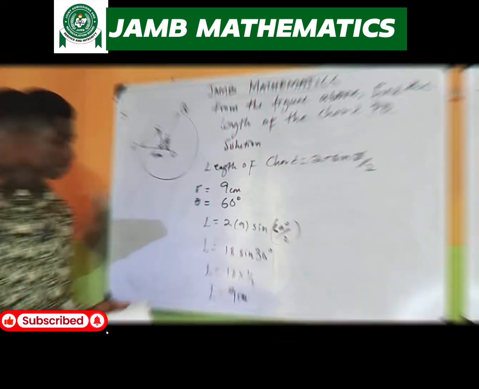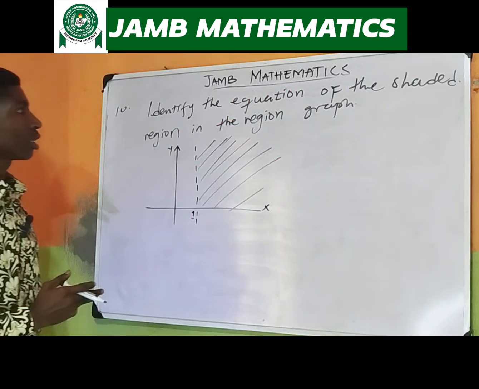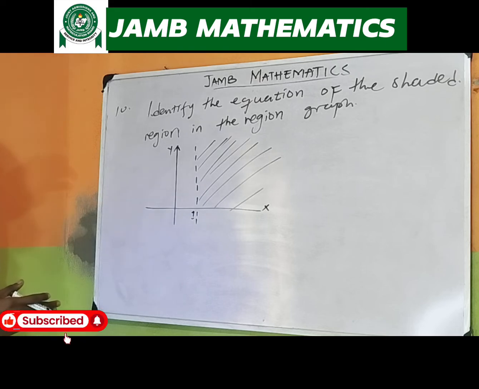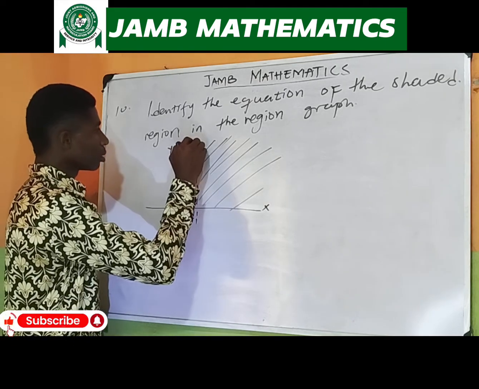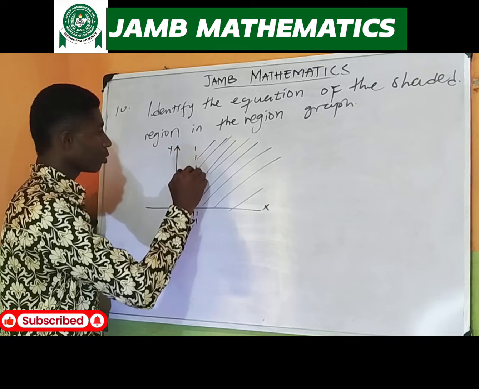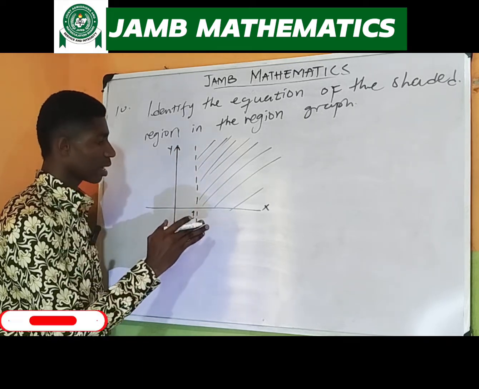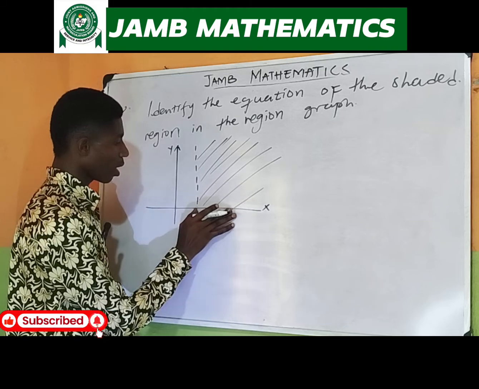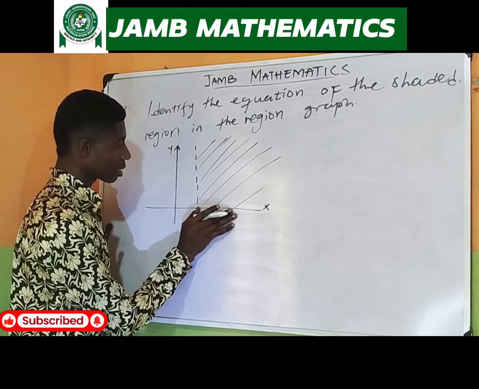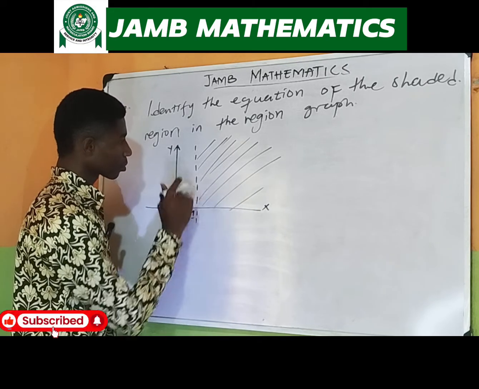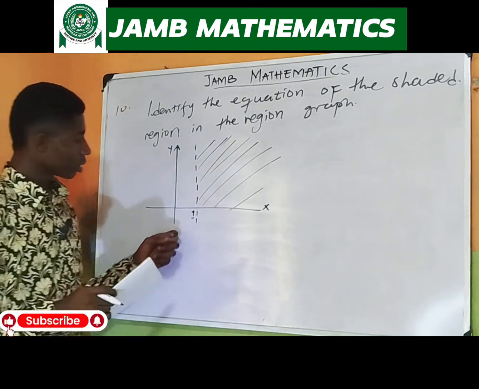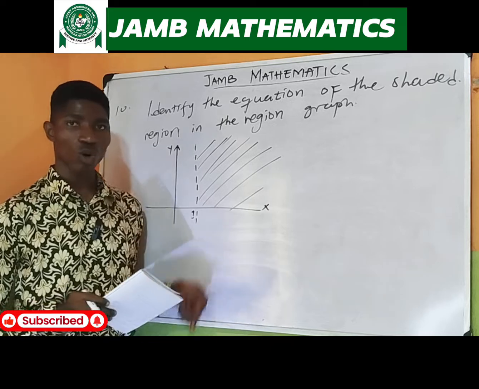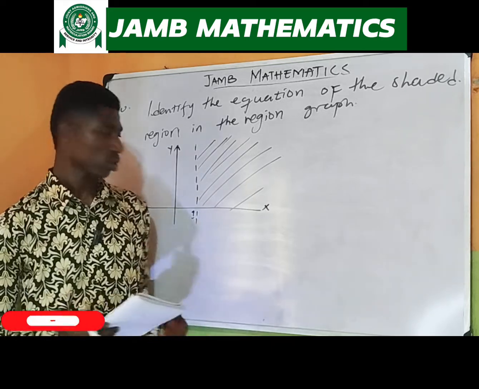Hope it is clear. Identify the equation of the shaded region in the graph. First of all, the shaded region appears after 1. This line is a broken line, so the shaded region is not on 1 but after 1.